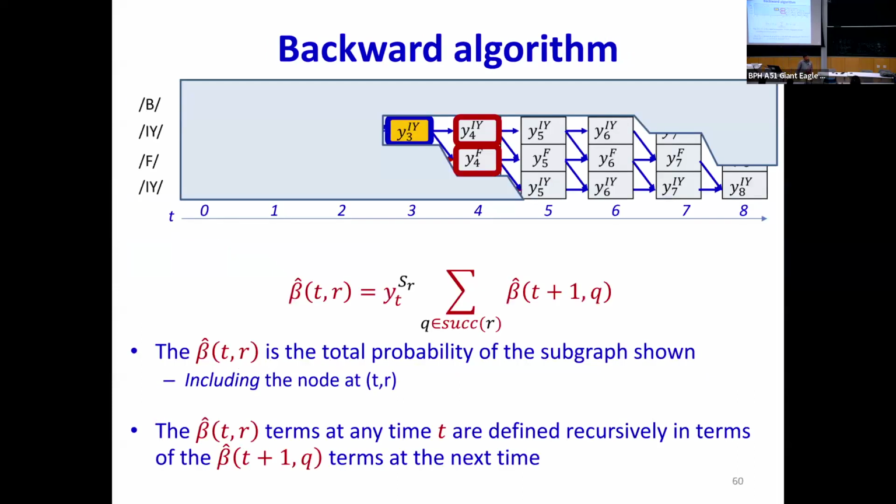Beta hat TR is going to be the probability of the node at TR times the sum, over all the children of the TRth node at time t plus 1, of the beta hats for all the children of the TRth node. Does this make sense? So now it's very simple.